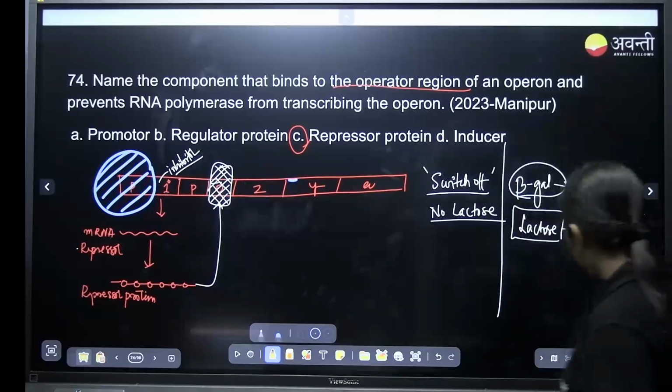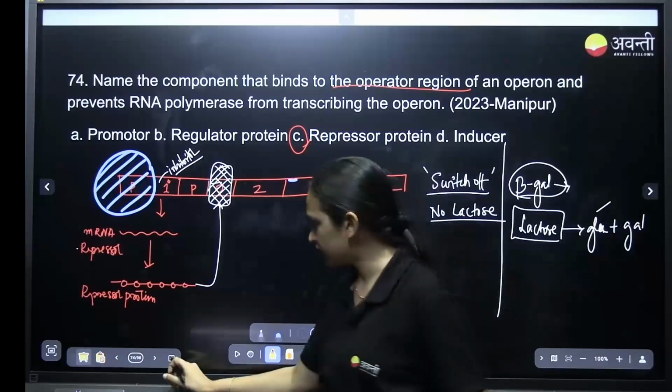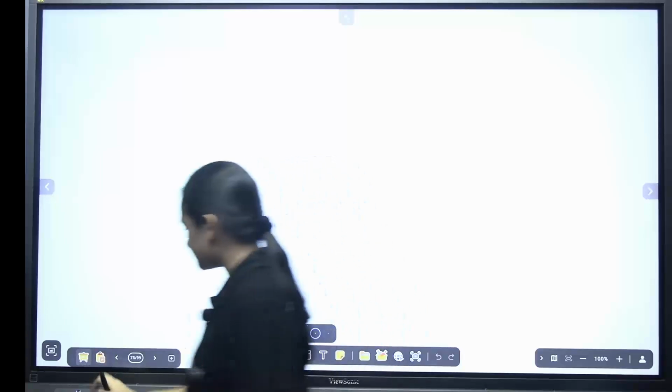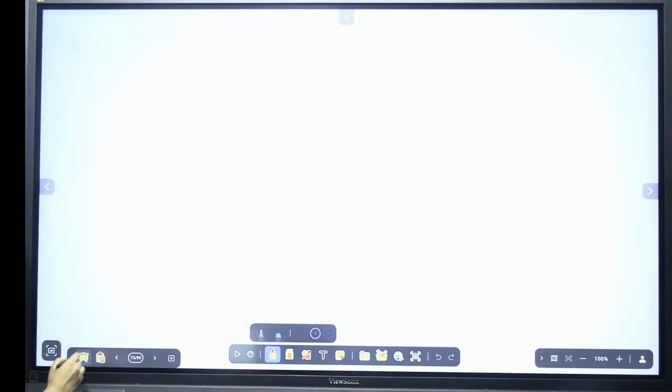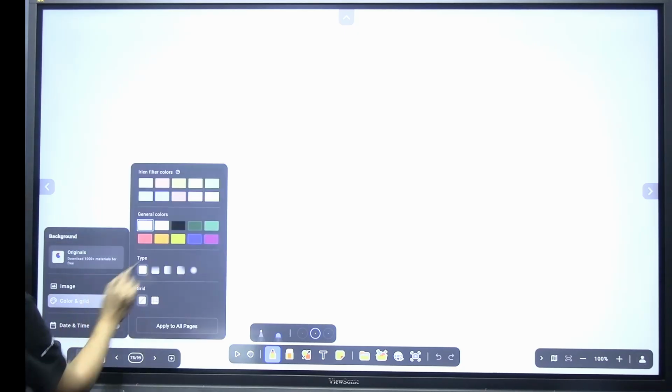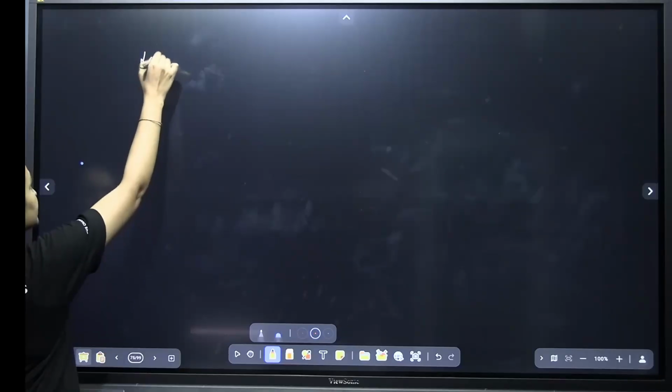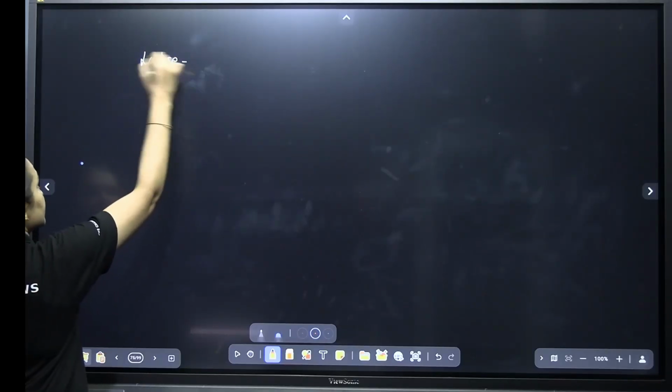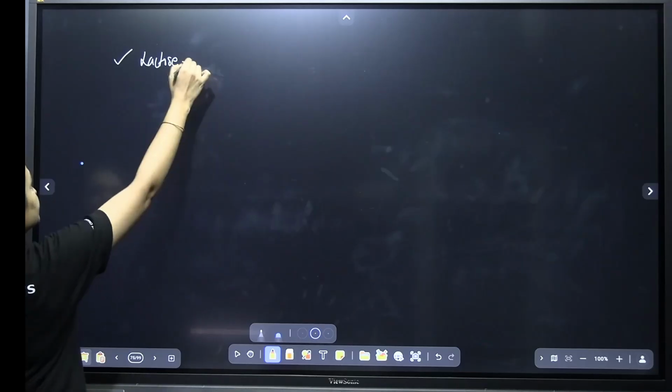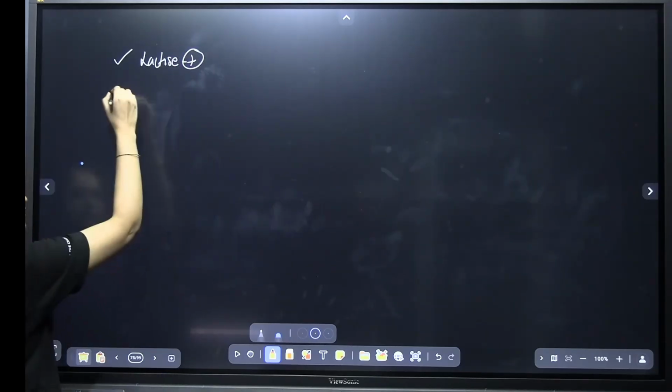If the lactose is there, I will just write. If the lactose is present, okay, present. So what happens here?